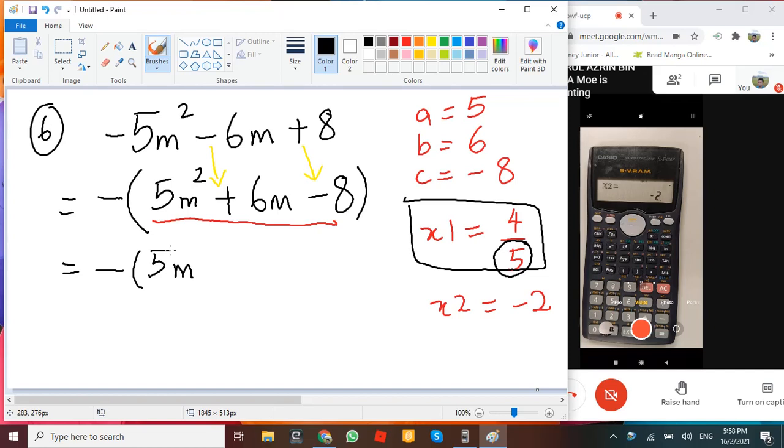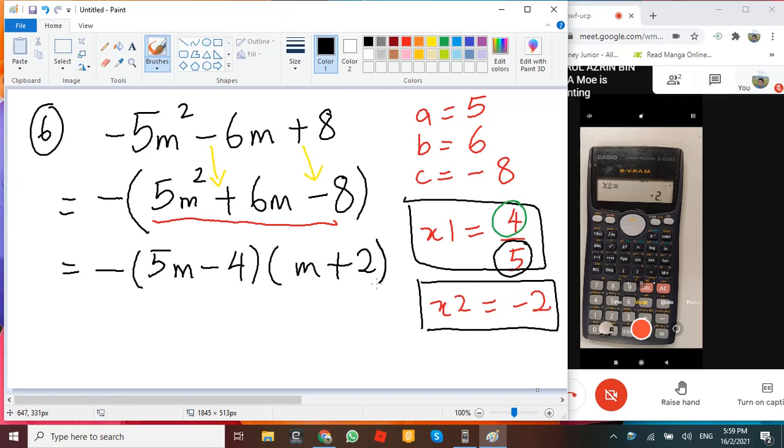And then for the 4 here, 4 is positive, but we change the sign to negative 4. For the second value, m, we know the denominator, no need to do. Negative 2 we change to positive 2.